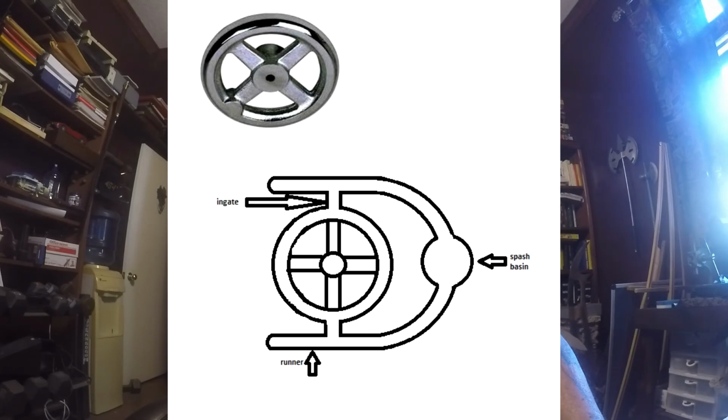And because the ingate is feeding directly into the spoke, it would feed everything first, and the metal would still be moving inside that spoke, would still be hot, so those two spokes wouldn't solidify until the metal stopped, and the metal wouldn't stop until that riser was done.